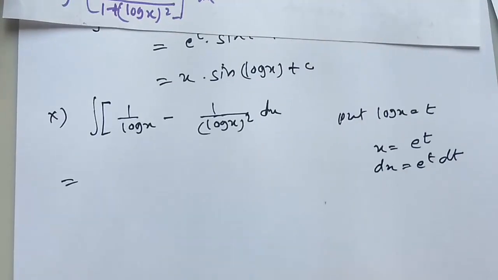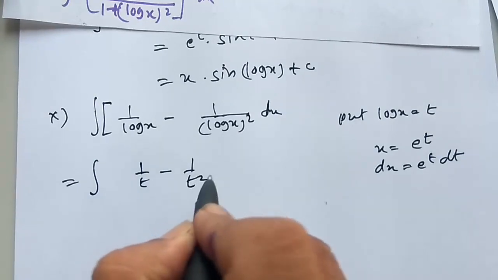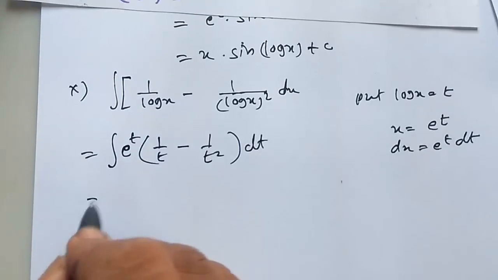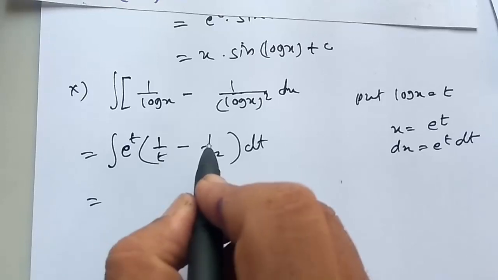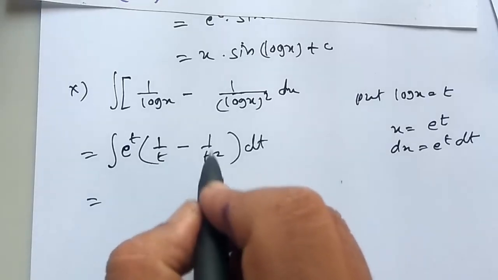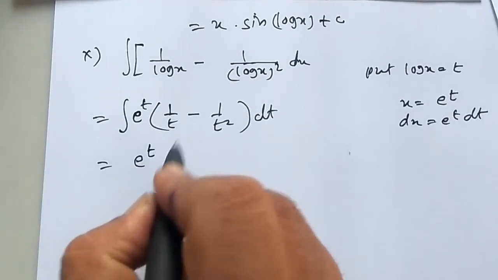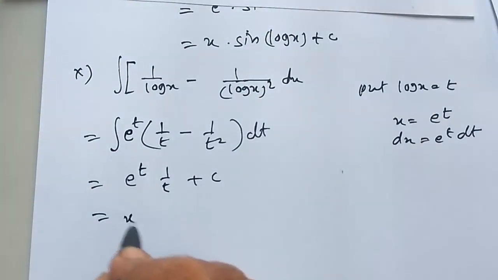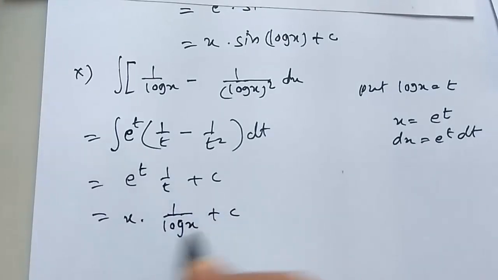So this integration becomes (1 upon t minus 1 upon t square) e raised to t dt. So this is equal to, if you take 1 upon t as f of t, then its derivative is minus 1 upon t square. So the answer of this is e raised to t, 1 upon t, plus c. e raised to t is equal to x and t is equal to log x. So x upon log x plus c. So this is the answer.